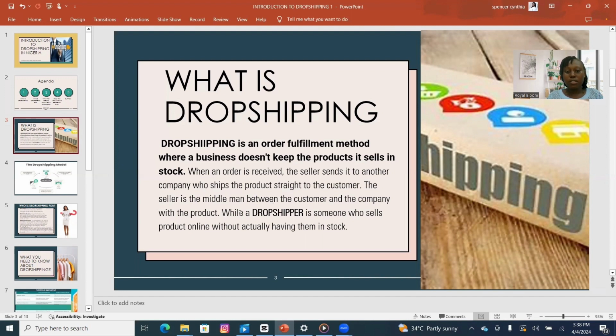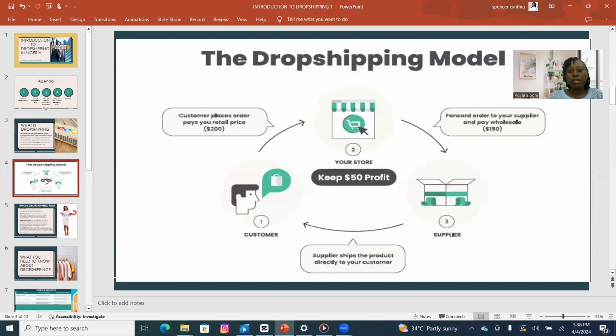And under the slide, you can see here, a dropshipper is someone who sells products online without actually having them in stock. So as a dropshipper, your marketplace is online.